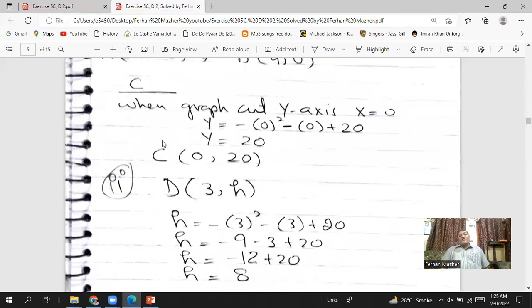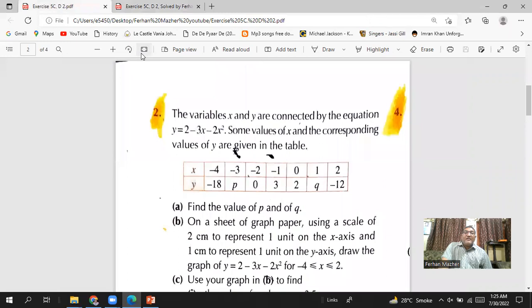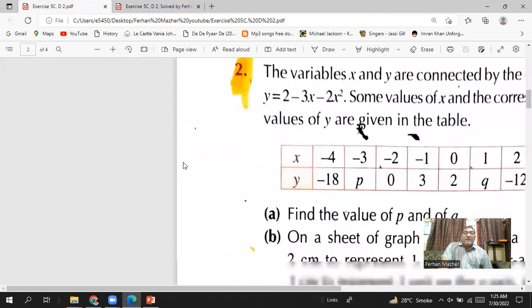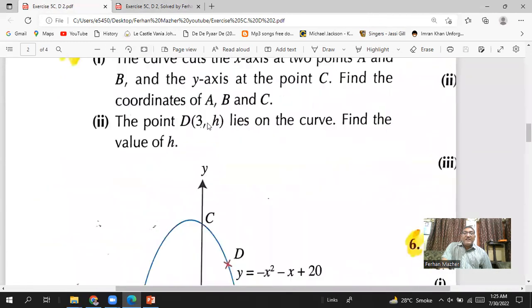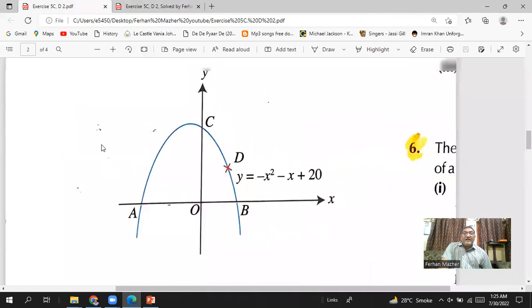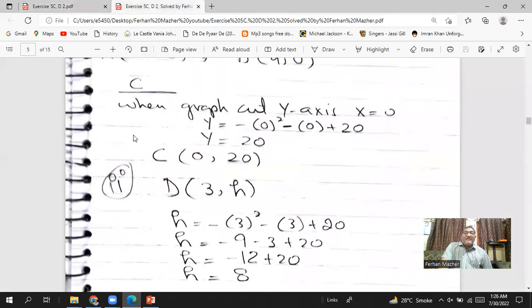Next, they ask us to find the coordinates of the point C. C is the point where the graph is cutting the y-axis. So when the graph cuts the y-axis, the x will be 0.